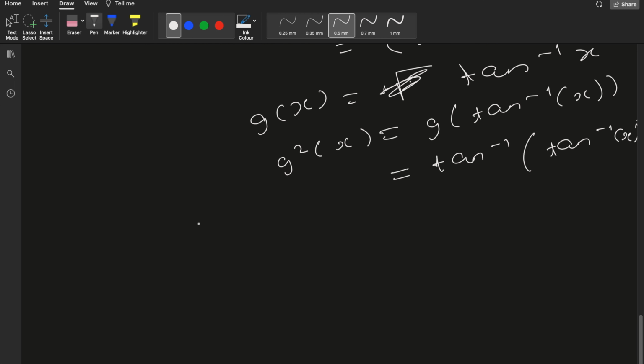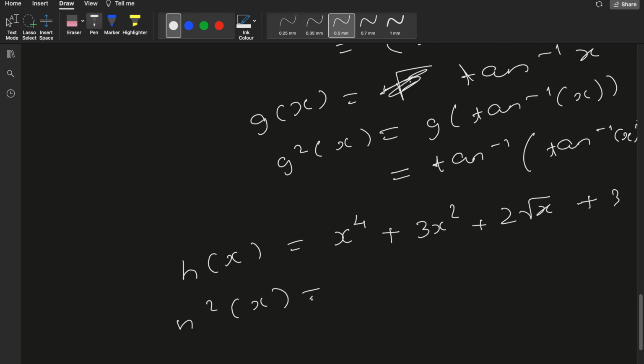And let's just take h of x equals maybe x to the power of 4 plus 3x squared plus maybe 2 square root of x plus 3. So we write this whole equation down.